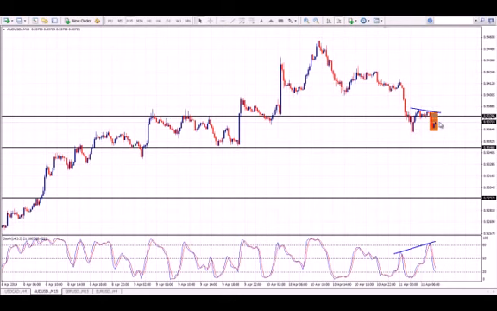So in order for this setup to be valid on the 50-minute chart, of course we have to break with this high right here. So now that we have defined that we might have a George Lane bear bull setup in play, we need to define the level that we need to break in order for us to get a signal to buy calls.